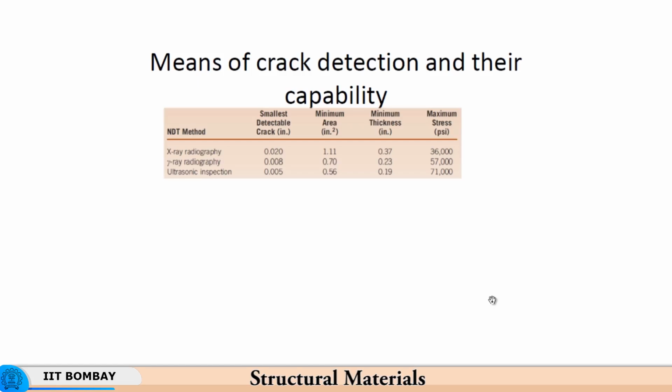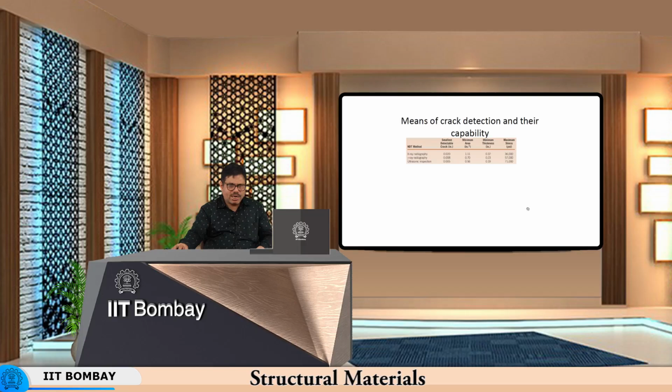So, as you go from X-ray radiography to ultrasonic inspection, you have different sizes of crack which are detectable and different minimum thicknesses. The minimum thickness is 0.19 inches or roughly 0.2 inches, and with X-rays you can have a minimum thickness of about 0.37 inches. So, one third of that, essentially about 1 millimeter or thereabouts, should be the minimum thickness.